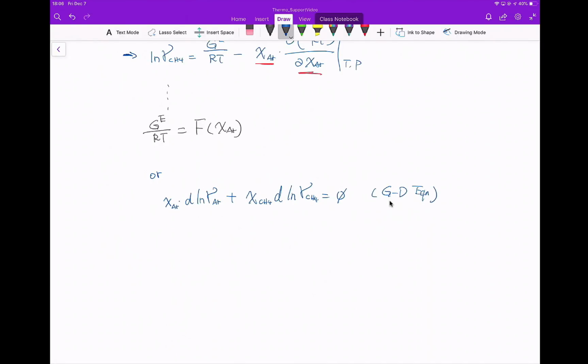Okay. So in theory, you are able to solve this question because we know this for argon. We have this figured out.